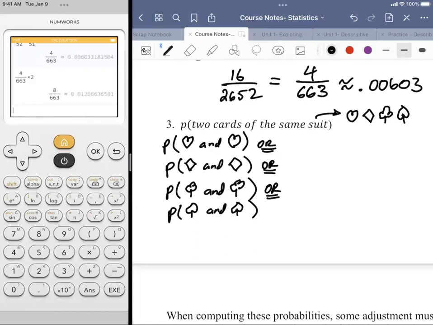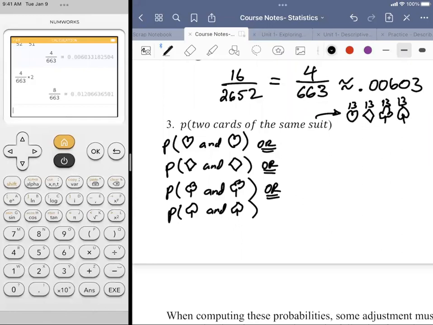So looking at the deck of cards, again, there's 4 suits in the deck, 52 cards overall, which means that there have to be 13 hearts, 13 diamonds, 13 clubs, and 13 spades. And that gets you all the way to 52.